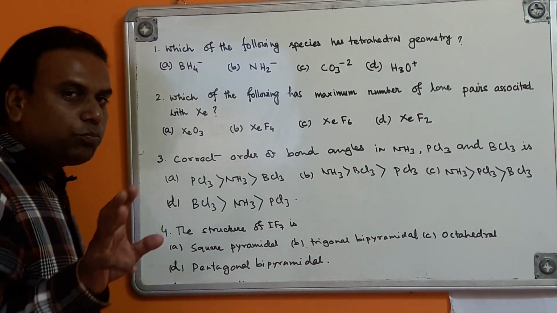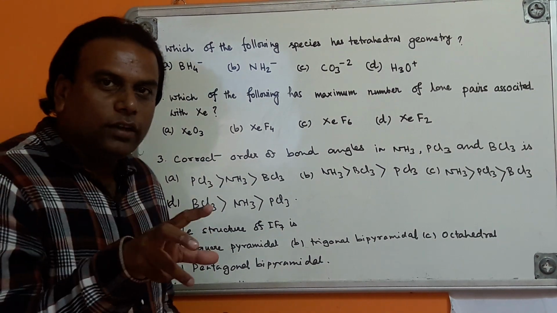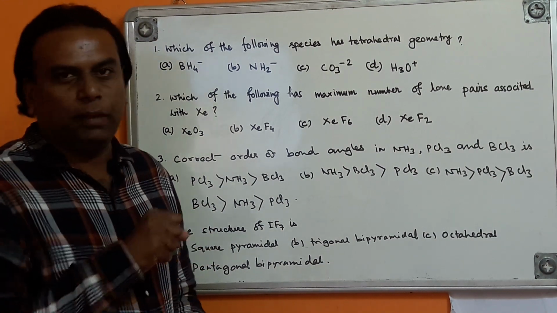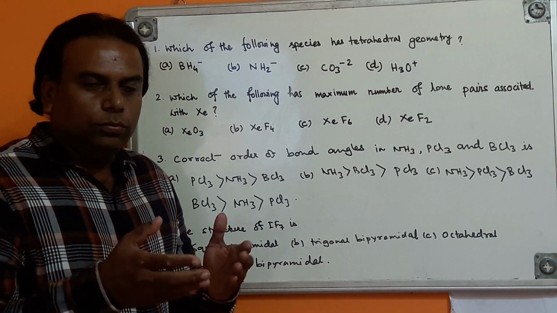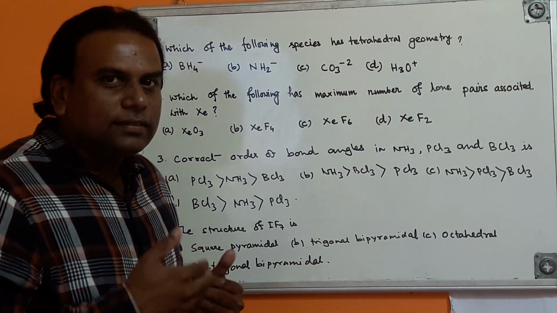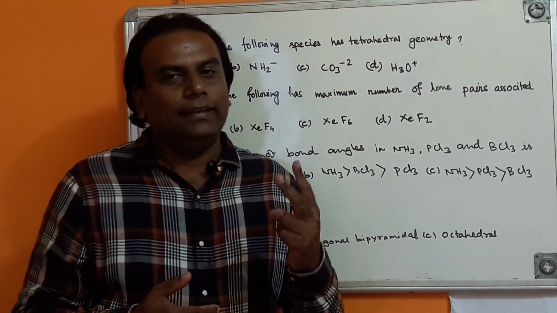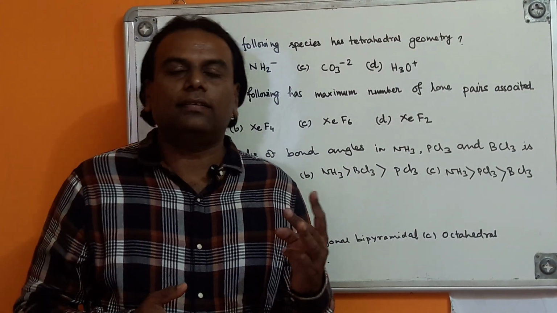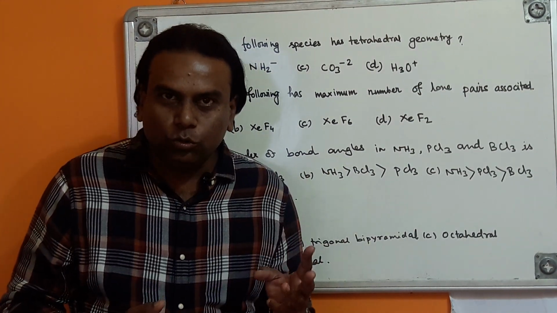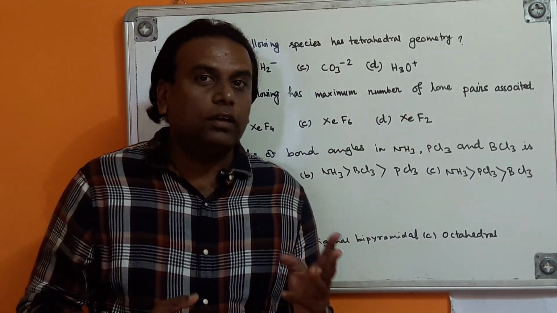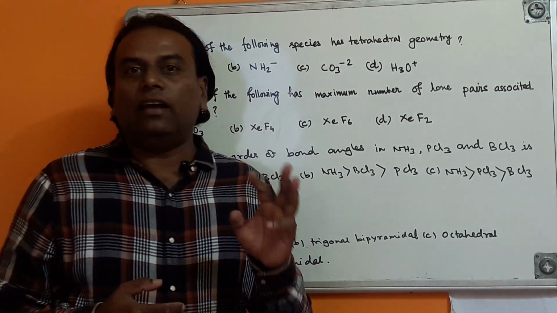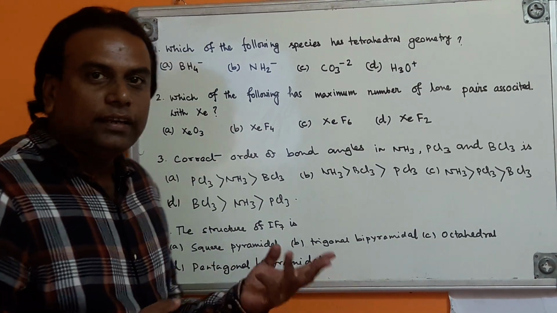That means 7 pairs always create a pentagonal bipyramid. So we can say in this regard, if the number of pairs is 2, then it is sp. If the pairs are 3, then it is sp2. If 4, then it's sp3. If 5, then sp3d.